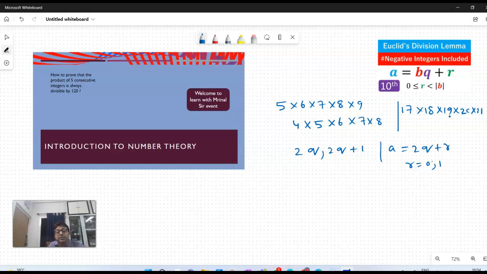By putting r equal to 0 you get one form, and r equal to 1 the other. So either even or odd. Now if somebody asks what is the product of two consecutive integers, suppose you are taking 2q and 2q plus 1, what is the result? You can always say it is divisible by 2. One of them must be even.